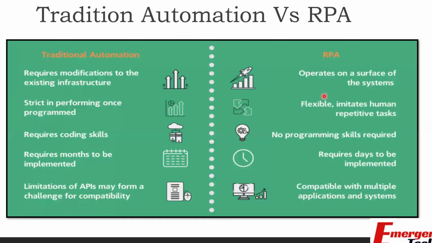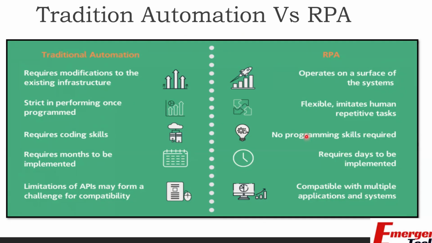Moving ahead, we will quickly compare traditional automation versus RPA. Traditional automation requires more infrastructure as compared to RPA, and programming is required for the traditional, but with the help of RPA, it's flexible and low-code automation.